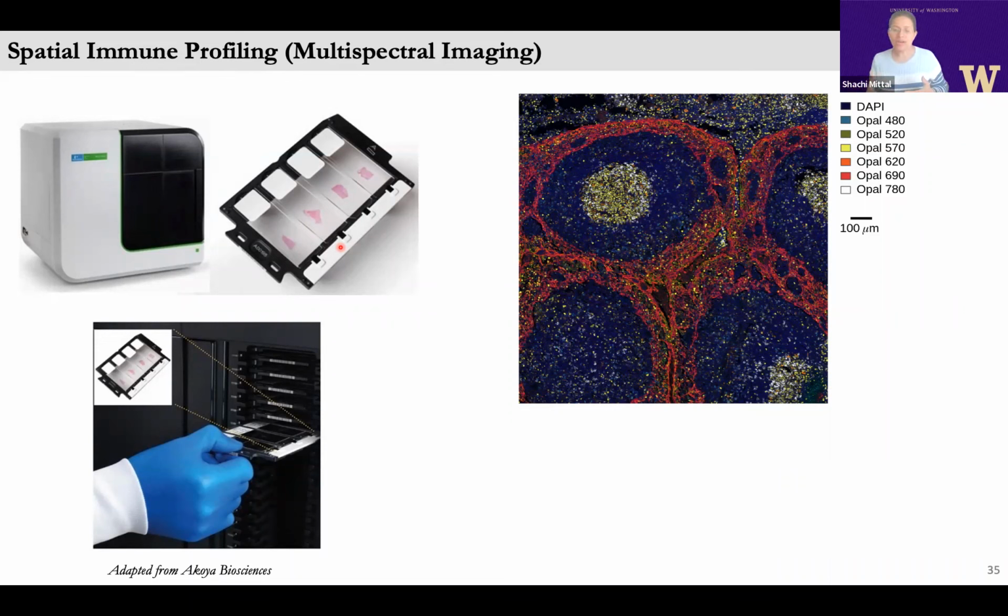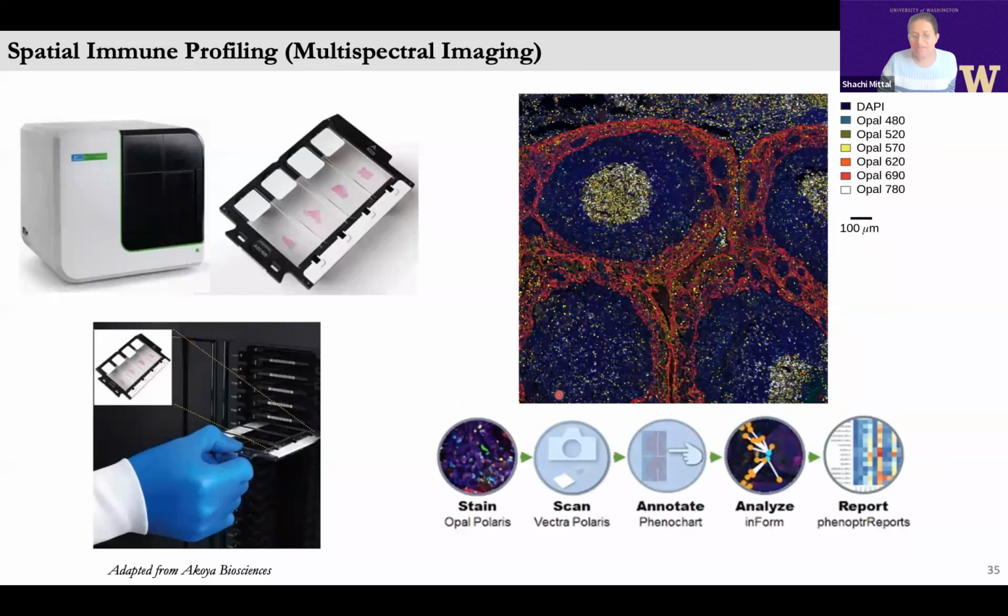But now we can target about 8 to 10 markers in a high-throughput manner with a very high-resolution scan, which would look something like this, where different components of the tissue are highlighted. What we are really highlighting are the immune cells and some of the markers to identify cancer cells. These are all fluorescent imaging, and we use different spectral regions or wavelengths of light to image these different fluorescent markers.